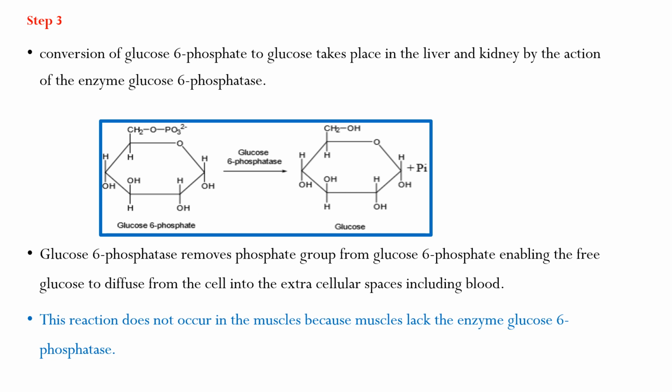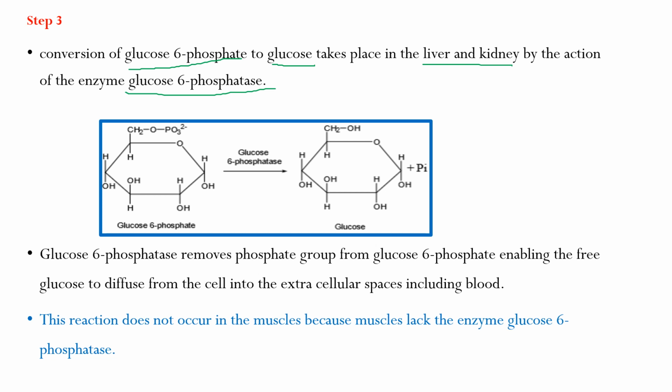In step 3, glucose 6-phosphate is converted into free glucose. This occurs in the liver and the muscle. The conversion of glucose 6-phosphate to free glucose is catalyzed by the glucose 6-phosphatase enzyme.